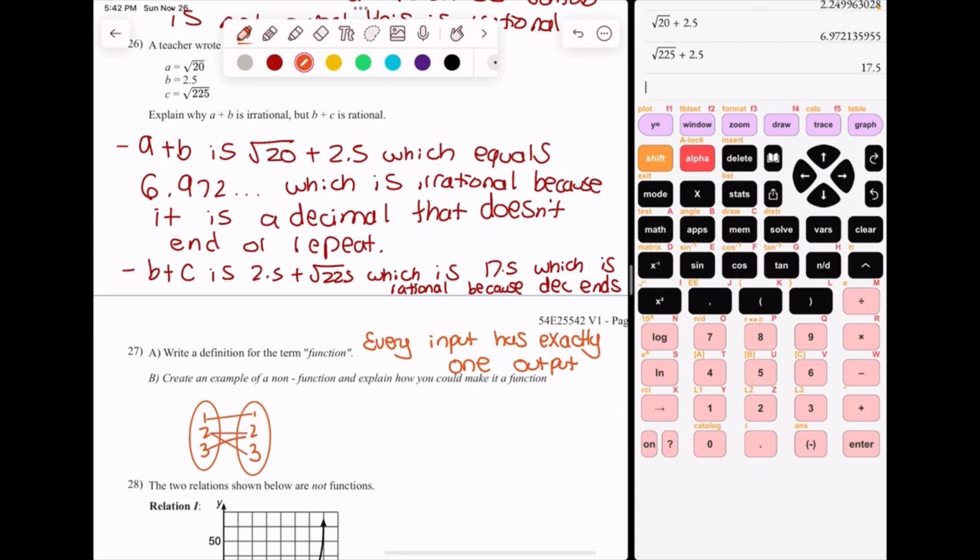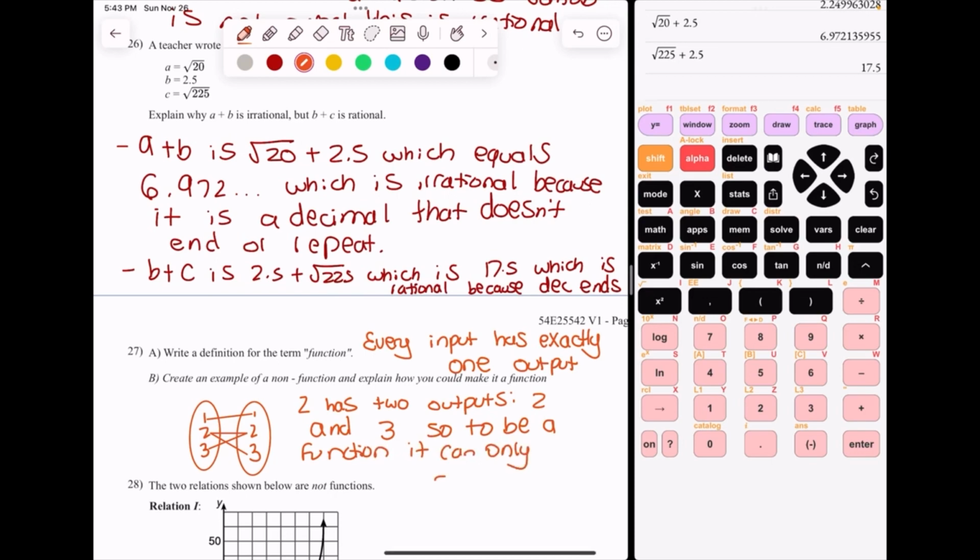So, explain how I can make this function. 2 has 2 outputs, 2 and 3. So, to be a function, it can only go to 1 number.